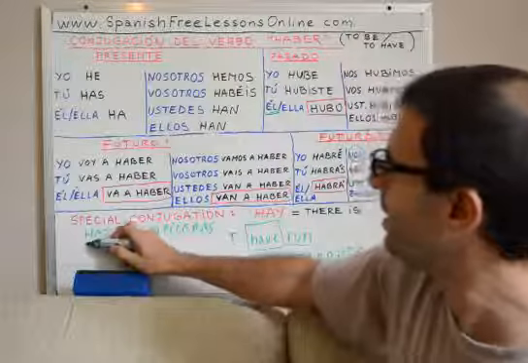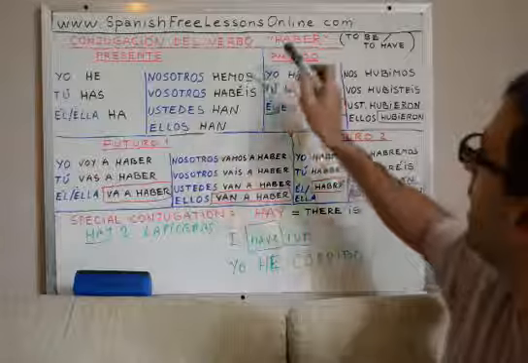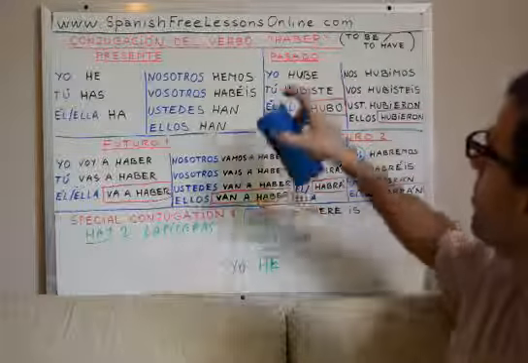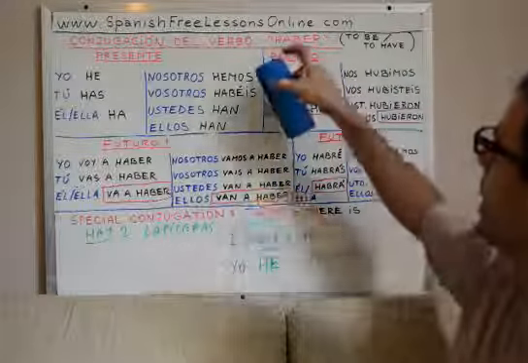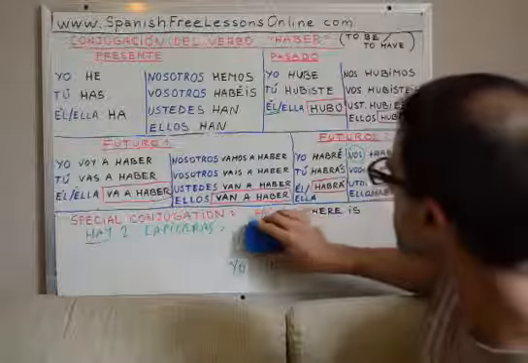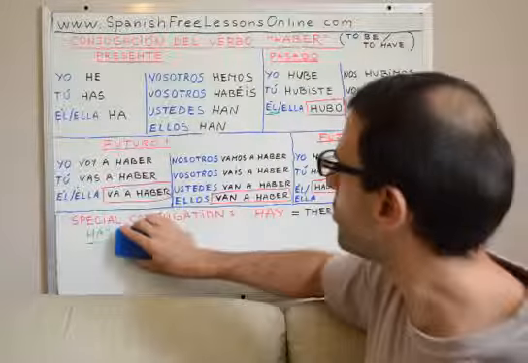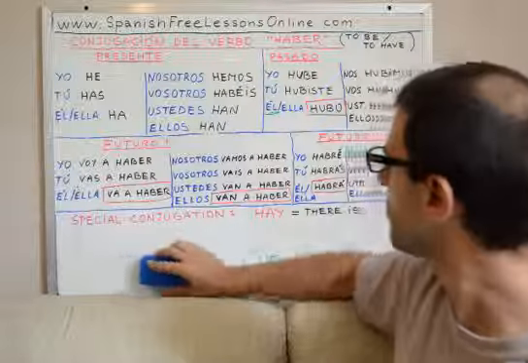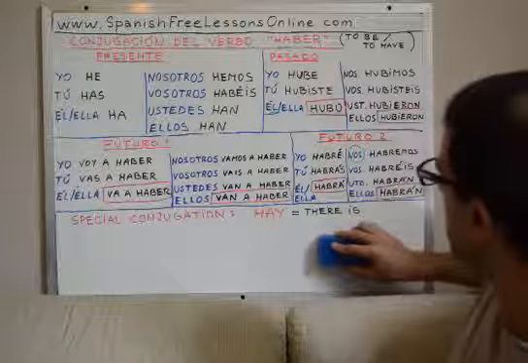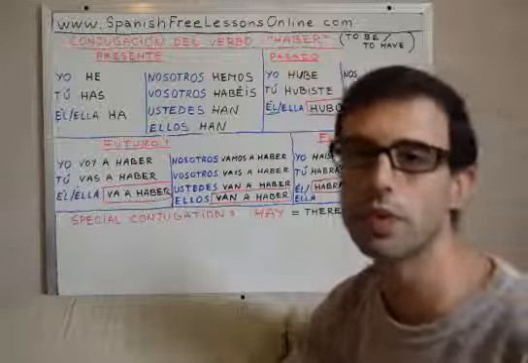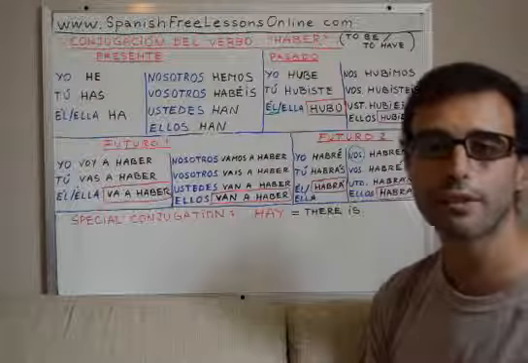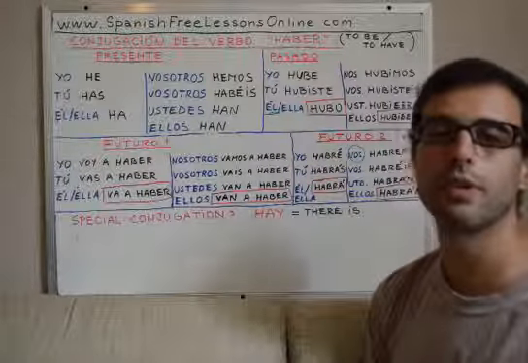So we're using hay from the verb haber. That's why I tell you that the verb haber means to be and to have. So before we go deeper into the uses and functions of the verb haber, I will show you how to conjugate it in present, past and future, and in our next lesson I will show you some examples using this verb.